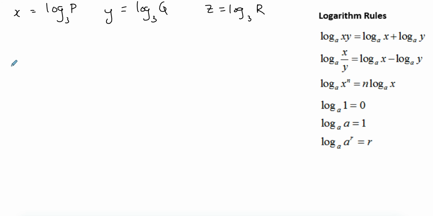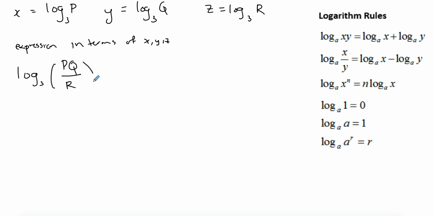And if I want to write the expression, same question, in terms of x, y, and z. So if I have log base 3 of pq over r, for example. You can tell that if I substitute a couple of these in there, it's going to be a lot of expressions to deal with.